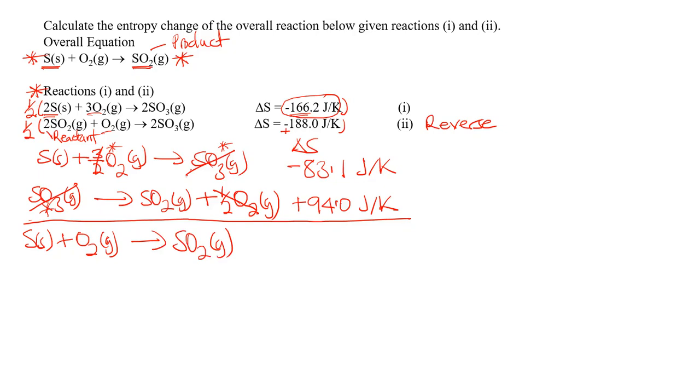This equation is similar to the overall chemical equation here. For the entropy, you just add the two entropies, and they give you plus 10.9 joules per Kelvin. So what we are saying is the change in entropy of this reaction is plus 10.9 joules per Kelvin.